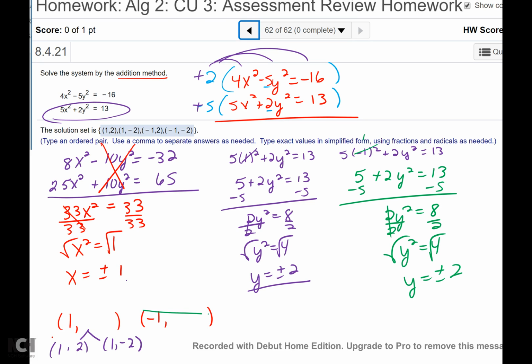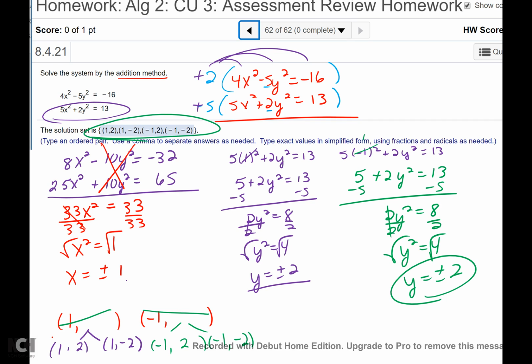Which again causes a problem. This is going to be two different ordered pairs, both with negative 1 for x, but now one of them gets a positive 2 and one of them gets a negative 2, which is why there are 4 intersection points.